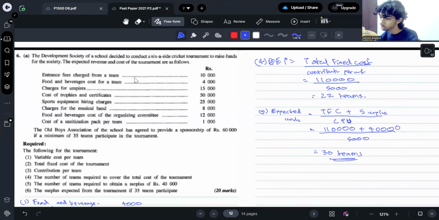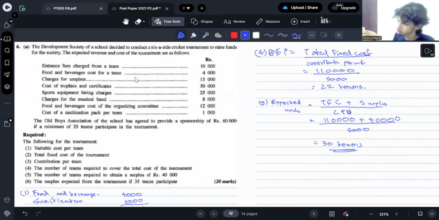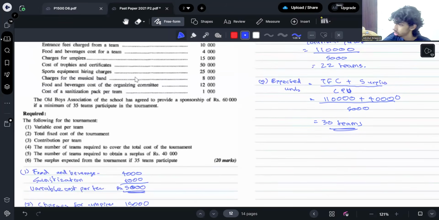Then sixth one. The surplus expected from the tournament if 35 teams participate. Okay. Total surplus expected from the tournament if 35 teams participate. Then you can prepare an income statement in this case, because if 35 teams participate, you are getting a sponsorship of 60,000.